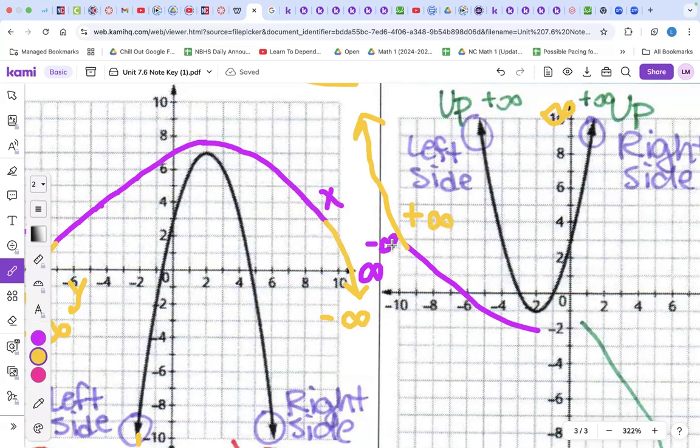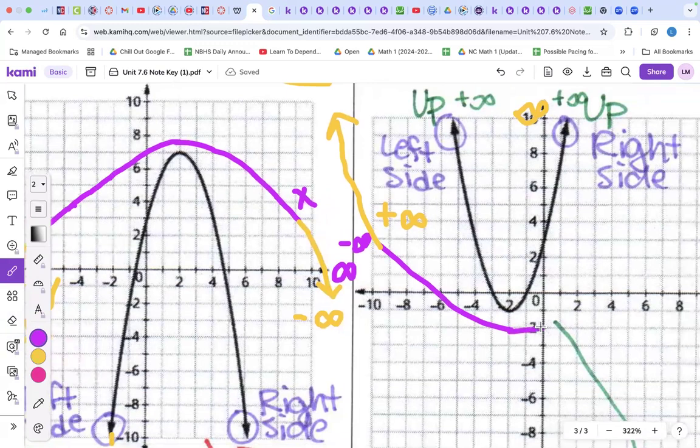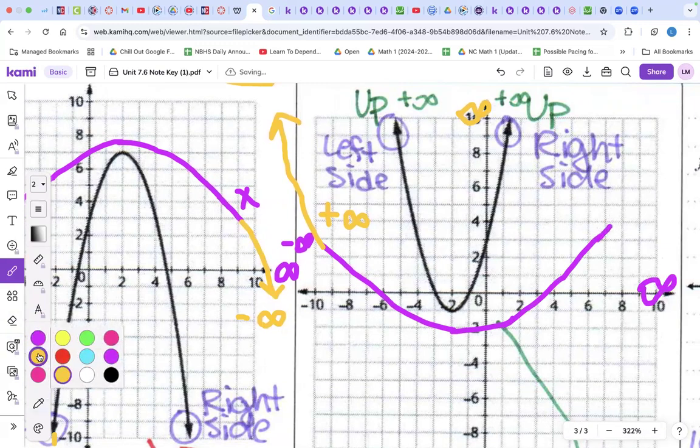You see, x doesn't affect y. In this case, y says, I'm going to be happy, I don't care what. And that's on the negative side. But what happens on the positive side? As x goes towards positive infinity over here, what's y doing? Same thing. It's still going up.